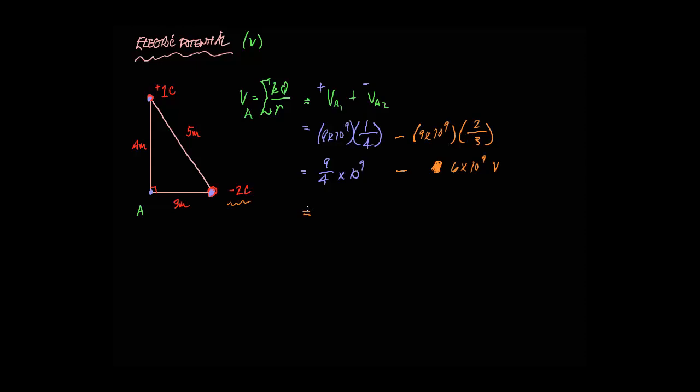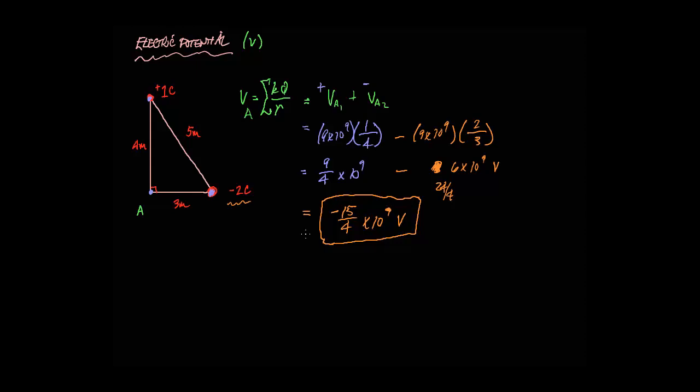We take 9/4 minus that 6, which is basically 24/4, so we have a common denominator, if you remember doing that. 9 minus 24 gives us minus 15/4 times 10 to the 9th volts at that point. Again, we're using a huge charge size of full coulombs, so we're having quite a sizable voltage going on.